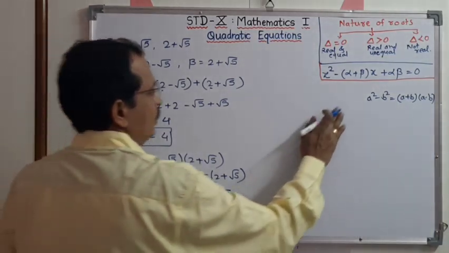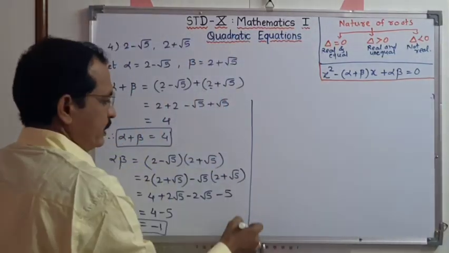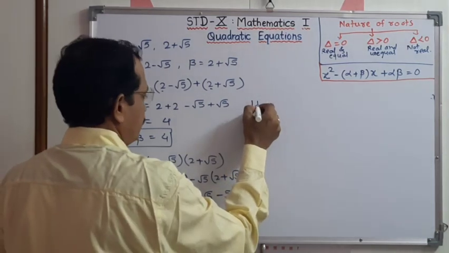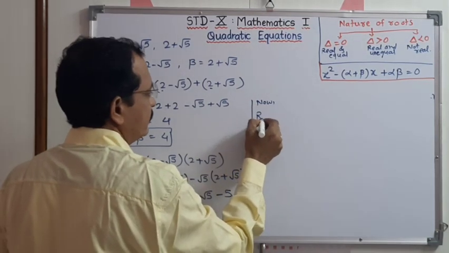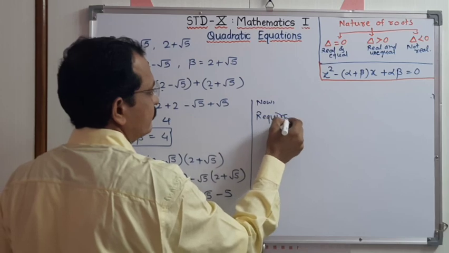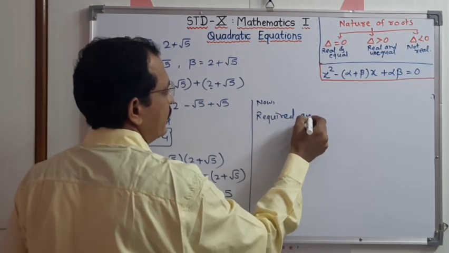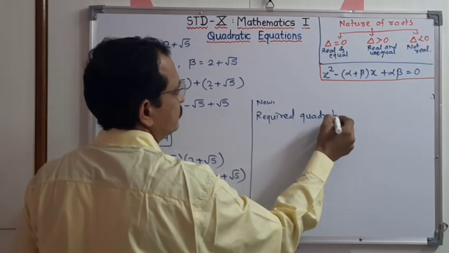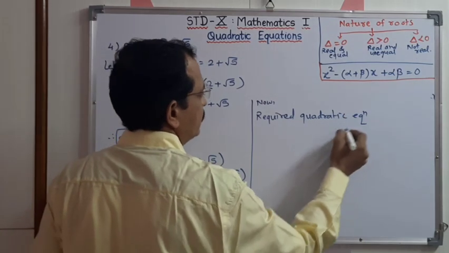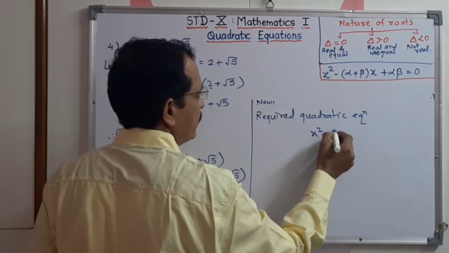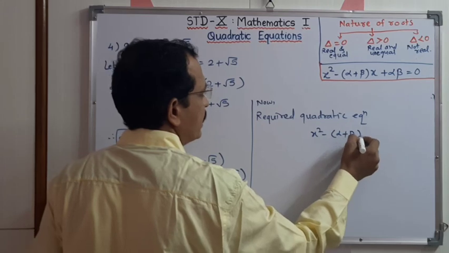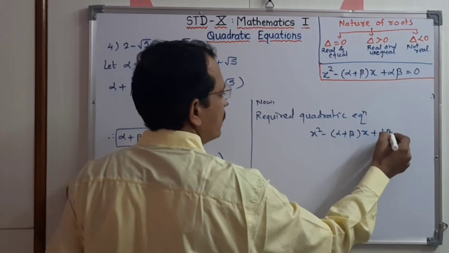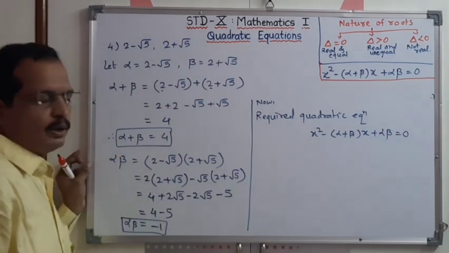Now we have to find out the equation. Therefore, now the required quadratic equation is x square minus (alpha plus beta) x plus alpha beta is equal to 0.